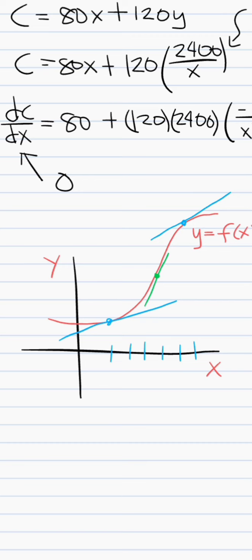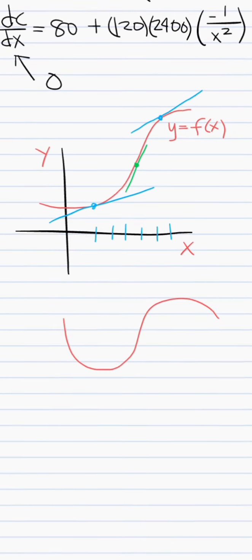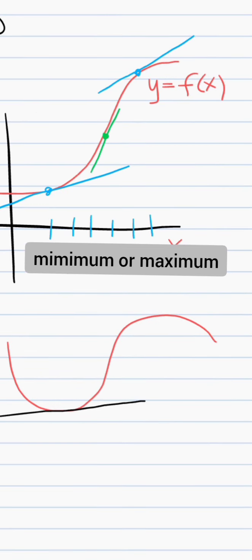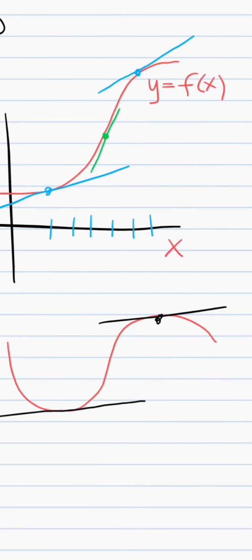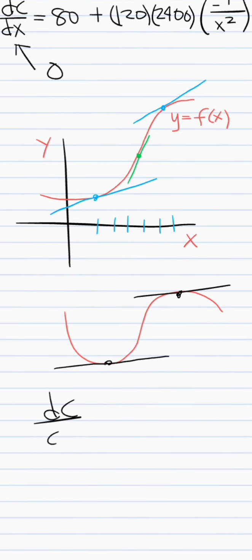So whenever the slope becomes 0, in that special case, our slope is either at the maximum point, or this point right there, or right here above. That's why this dC/dx that we have, that's the slope, right?